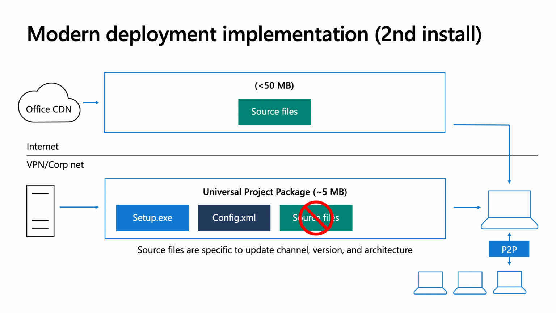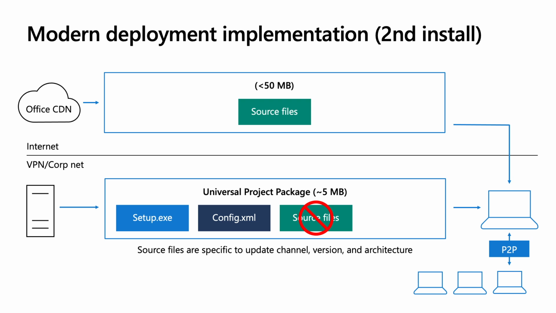Because in the Office family, there's a big set of common files, common functionalities, which are used across all the different applications. So if I want to install Project on a device where the Microsoft 365 apps are already installed, these common files are already in place. So the setup only needs to download from the Office CDN what is required to add Project to this mix.